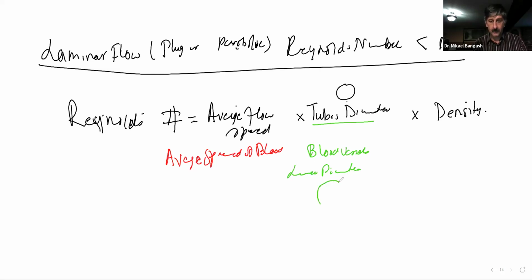Now if you remember, that's where a lumen was, that passage through which the blood will be flowing in the blood vessel. Whereas in case of arteries had a small lumen and veins had a big lumen. Did that make sense?